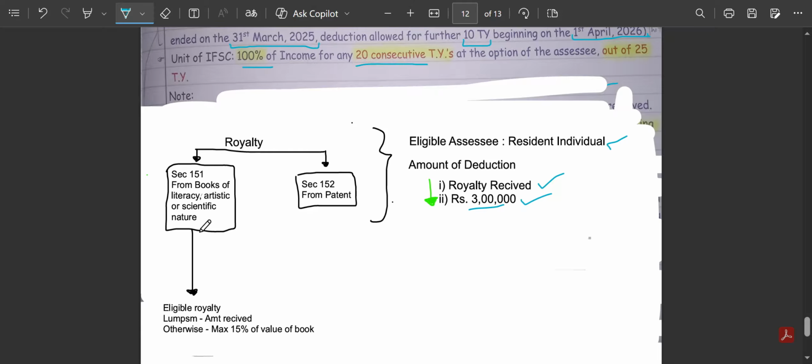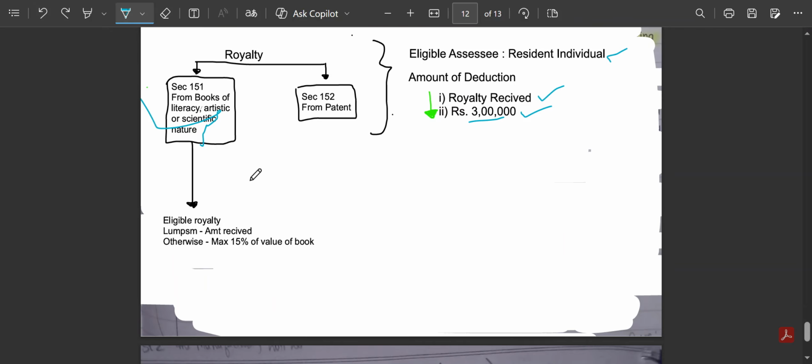Now, for the case of royalty from books of literary, artistic or scientific nature, in that case, the eligible royalty means the amount we'll put in this first part is if in case we receive a lump sum amount of royalty, then the amount we receive, or otherwise means we continue to receive in small amounts, then in that case the eligible royalty for this section would be maximum 15% of the value of book.